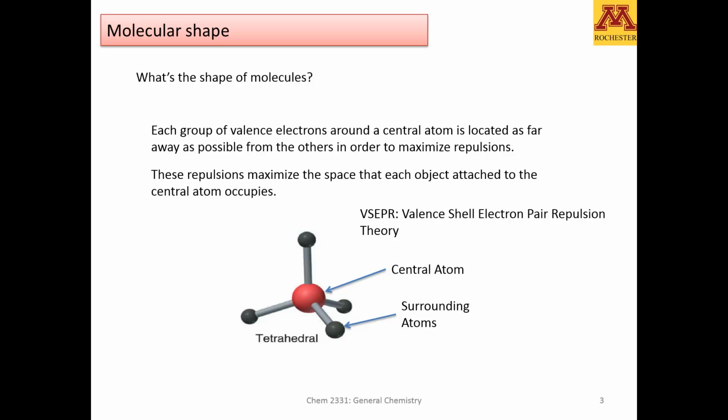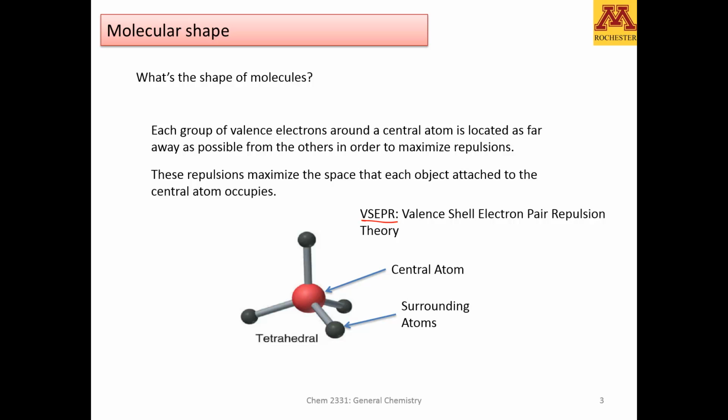Well, the principle that we will apply is that we will try to minimize the repulsions and maximize the space. This theory is called the VSEPR, that stands for Valence Shell Electron Pair Repulsion Theory.